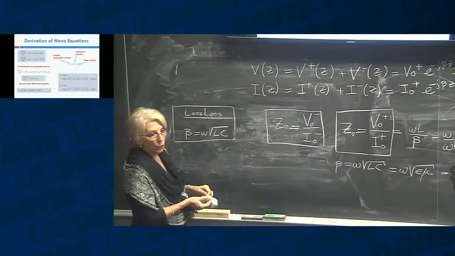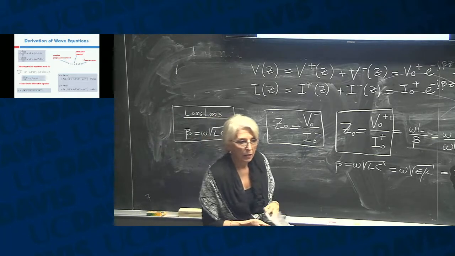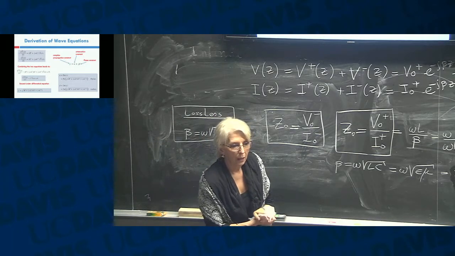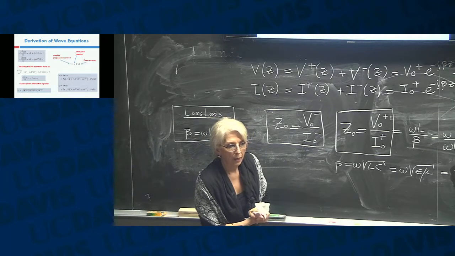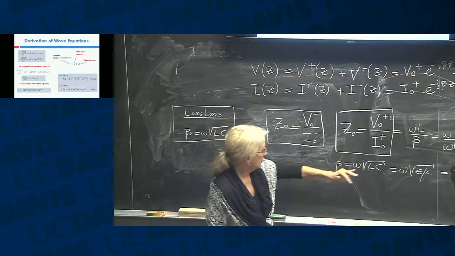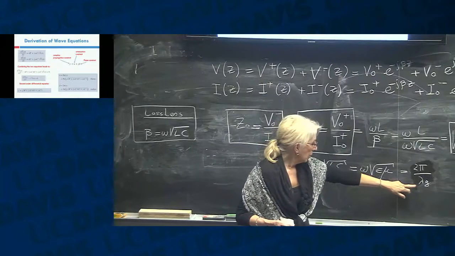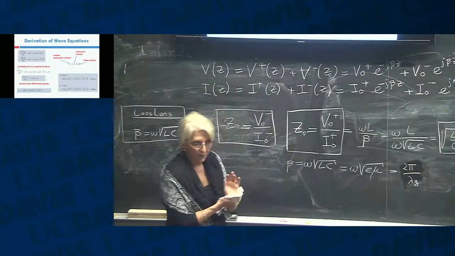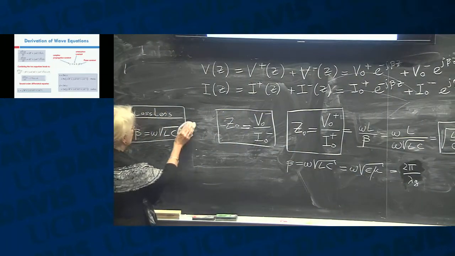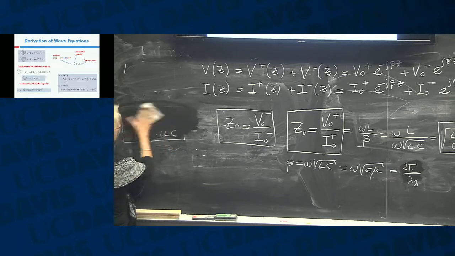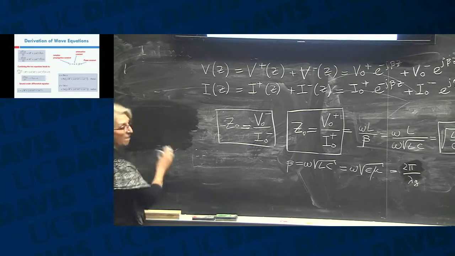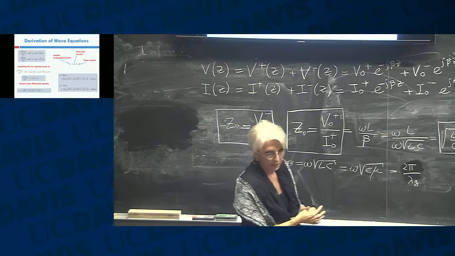So we did all of this to come here. Yes? I've heard this beta, is that also referred to as the wave number? Yes, this is the wave number, because it's directly connected to the wavelength, and because it really specifies the phase of the wave.